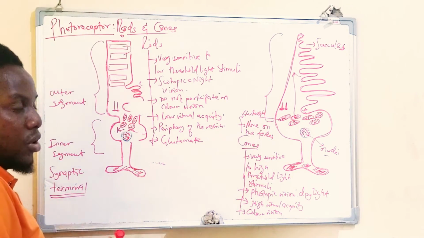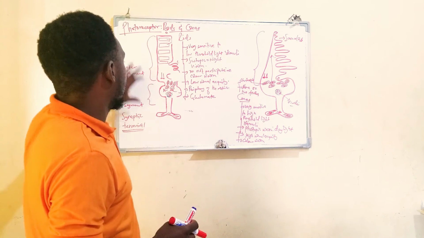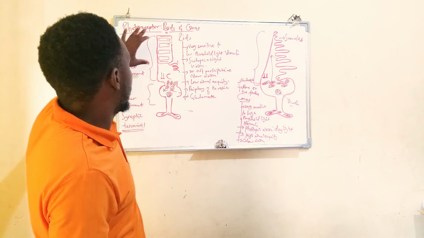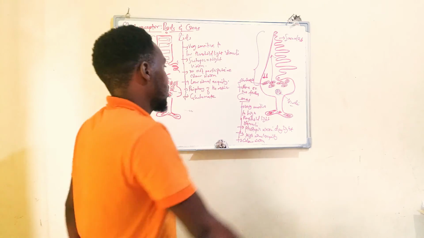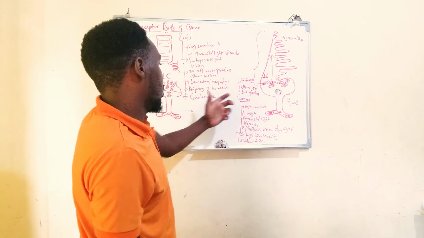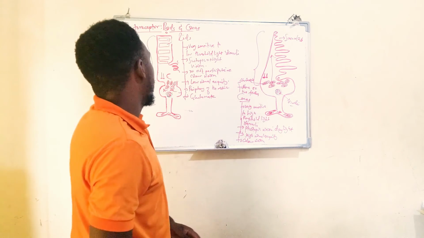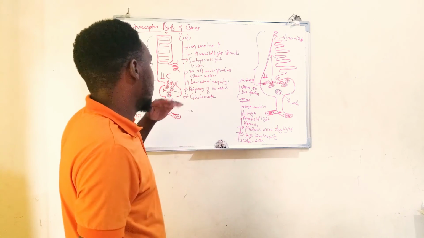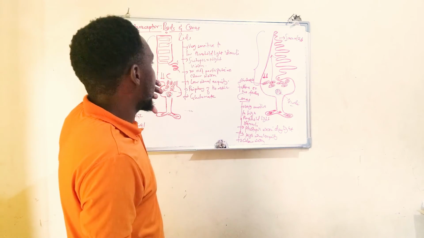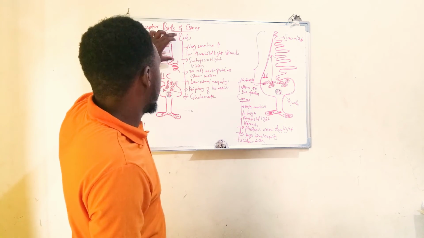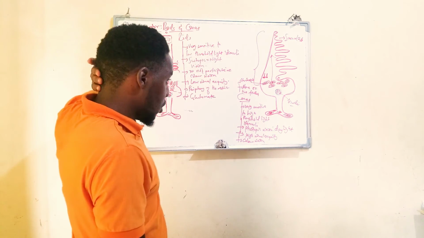So that is all about rods and cones. They have the outer segment and the inner segment, as well as the synaptic terminal. The rods have membranous discs, while the cones have circules. They both have mitochondria and cell nuclei. The inner segment functions in the synthesis of photosensitive compounds that are present in the outer segment, in the discs for the rods and in the circules for the cones.